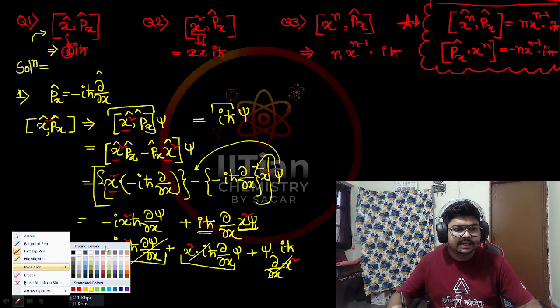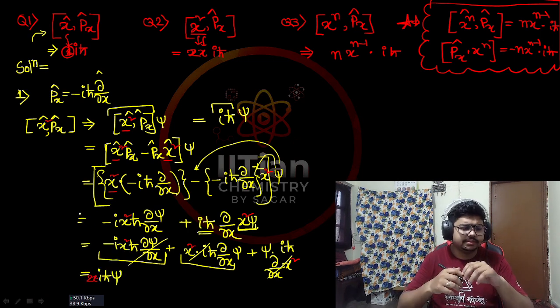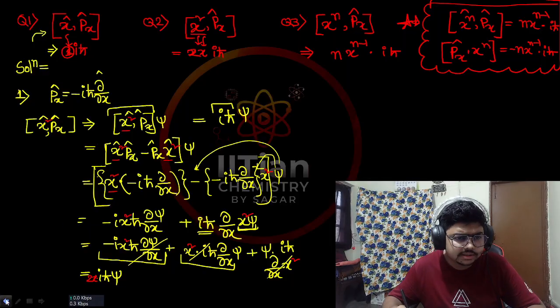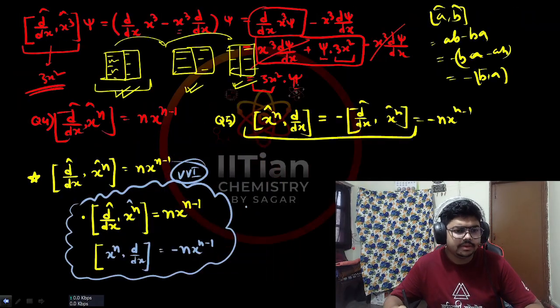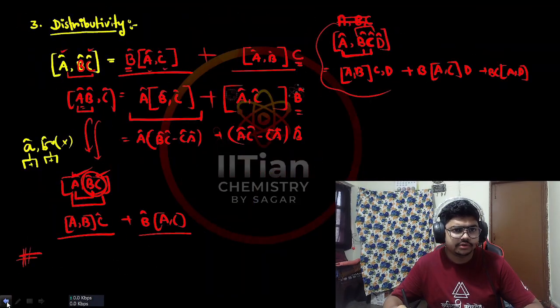So we were studying the properties of operators. In those properties, the fifth property was commutator, which we have finished.